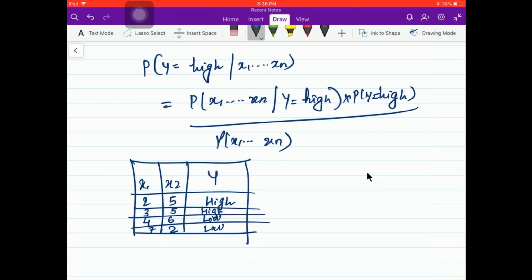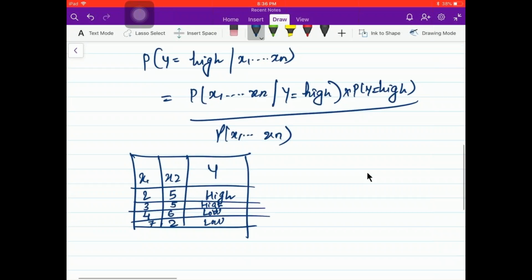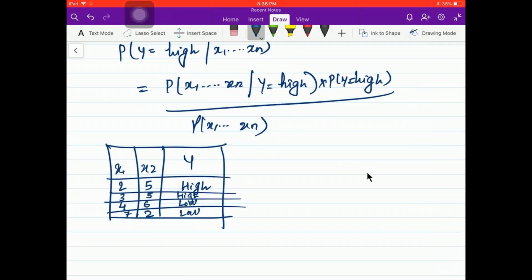What you'll do is take the probability of x1 equal to 2 and x2 equal to 5 given y equal to high, times the probability of y equal to high. Forget the denominator; we'll see it later. So can anyone tell me what is the probability of x1 equal to 2 and x2 equal to 5 when y equal to high?